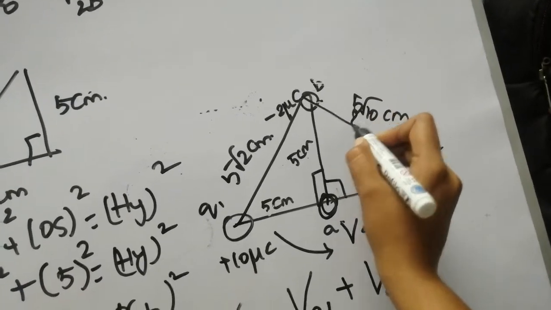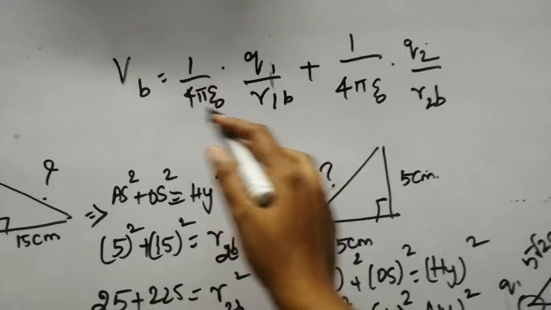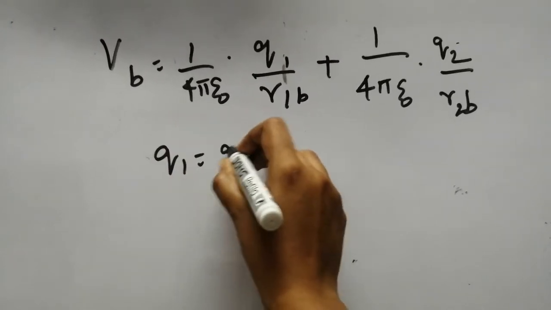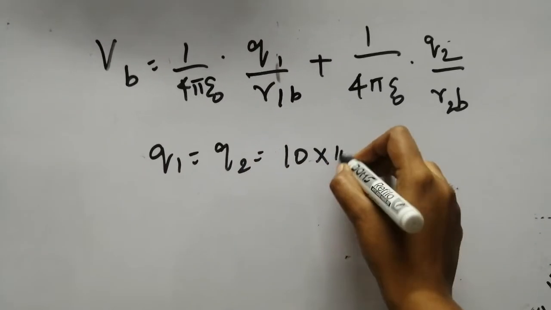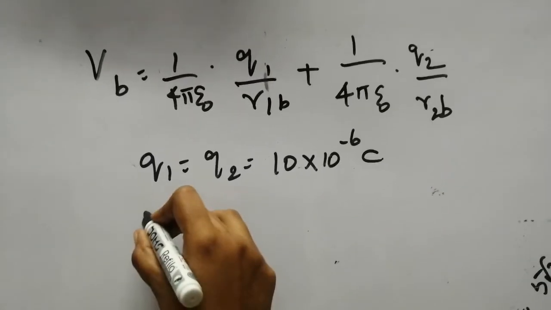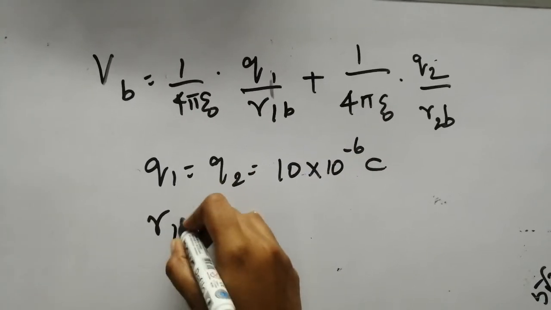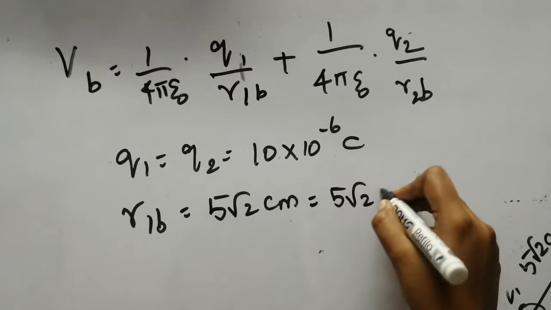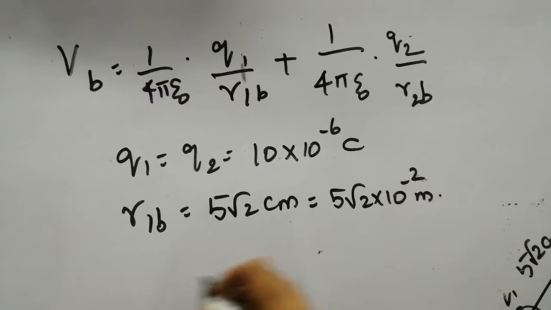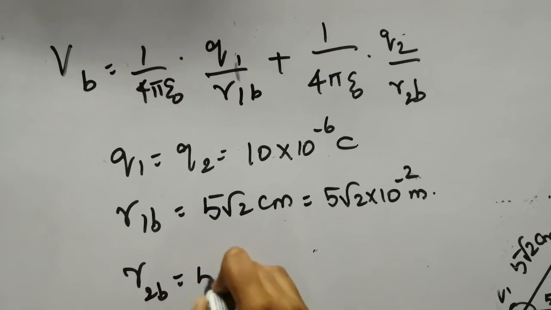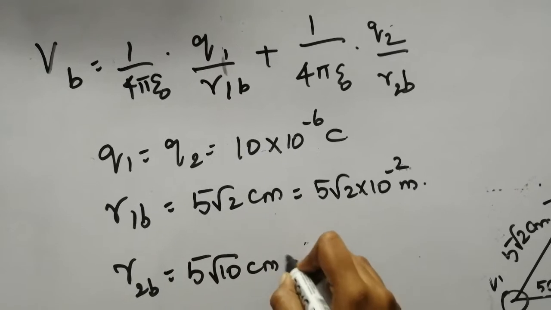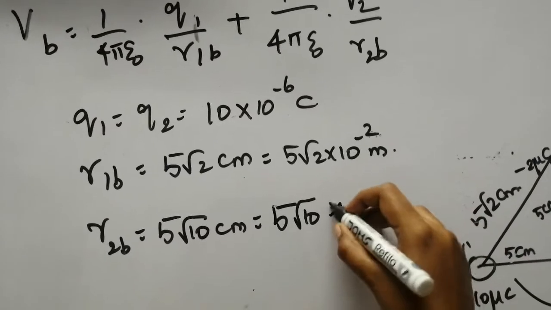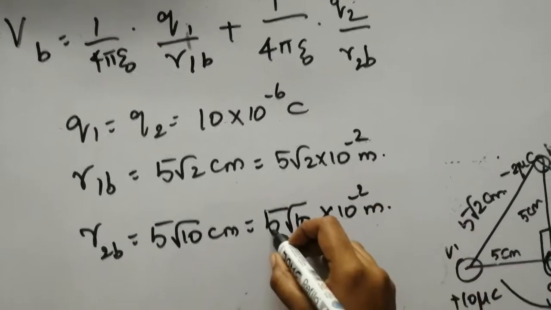Now we have found the distance and we know the charge value. Go for the potential value formula. Here Q1 and Q2 are the same as what we had, 10 into 10 to the power minus 6 coulomb. R1B is 5 root 2 centimeter, that is 5 root 2 into 10 to the power minus 2 meter, and R2B is 5 root 10 centimeter, which is 5 root 10 into 10 to the power minus 2 meter.